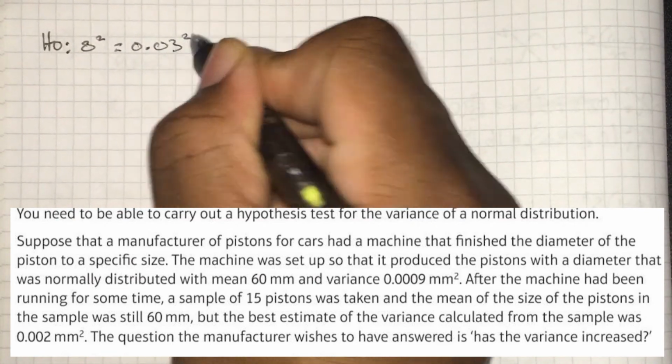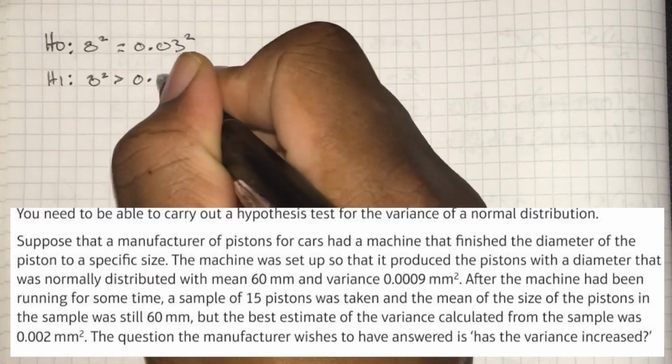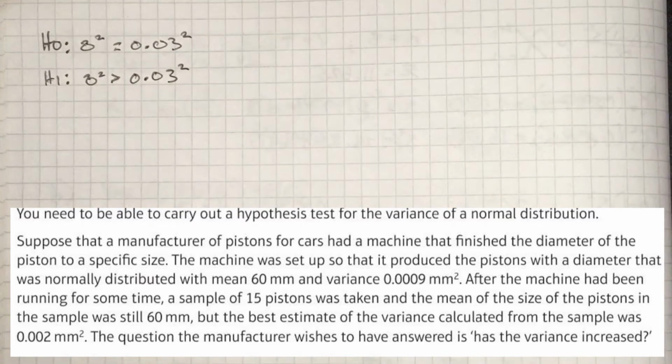In this case, the null hypothesis says that the variance is still 0.03 squared, which comes from me wanting to write 0.0009 in the usual squared form that we use. The alternate hypothesis states, and the question is asked for us to test whether or not the variance has increased. So the alternate hypothesis says σ² is greater than 0.03².